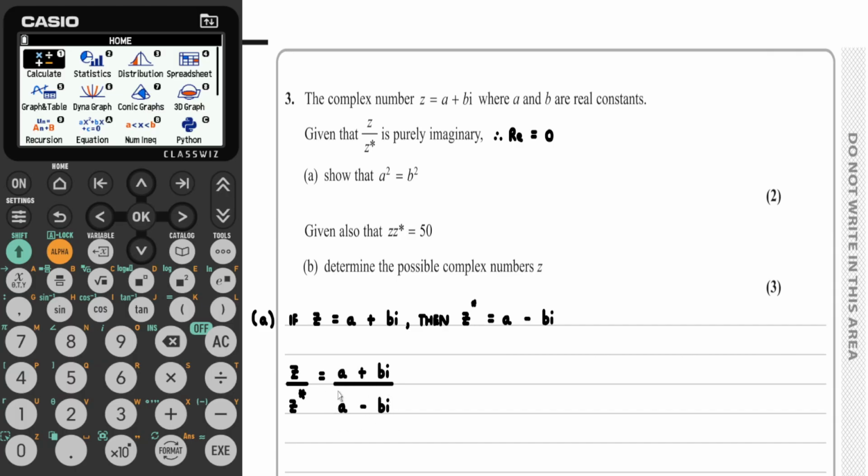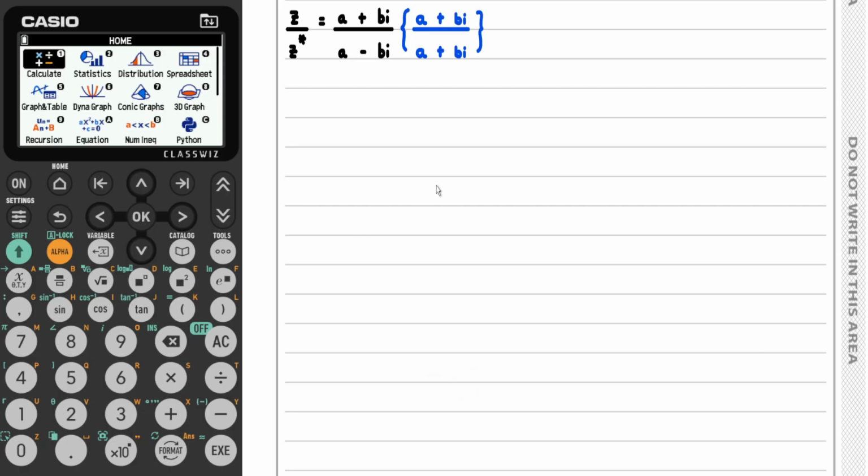And we can simplify this in the same way we would simplify surds. We essentially have to multiply by 1, and this 1 will be the same as multiplying by a plus bi over a plus bi. You'll notice a plus bi is the complex conjugate of a subtract bi. So we have a multiplied by a, which is a squared.